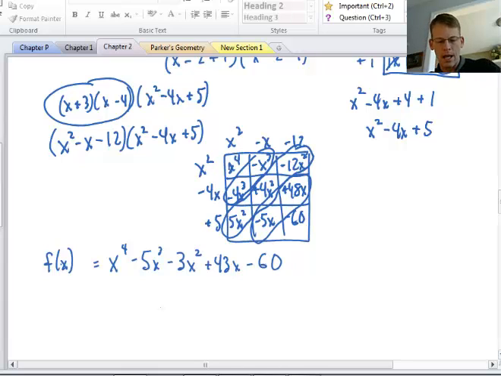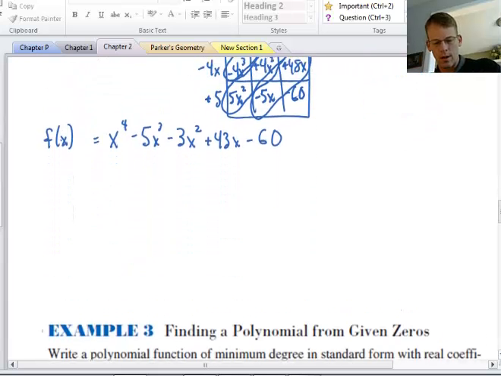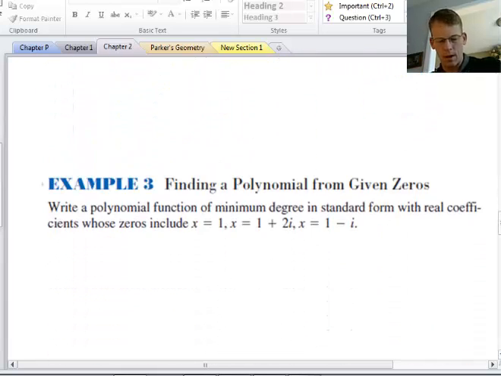So for example, in summary, if I gave you these roots, here we have example 3. We're not going to do this problem, but if I gave you this problem and I said write a polynomial function of minimum degree in standard form with real coefficients whose zeros include, so here that's okay and that's okay, so that's just x minus 1, a double root.